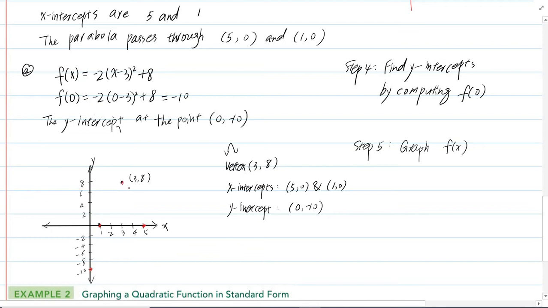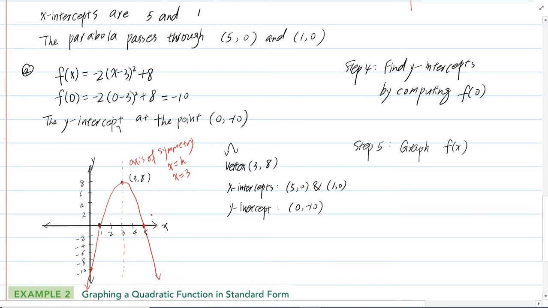Because we know this is a vertex, that also implies right here is our axis of symmetry. Just in case you forgot, the axis of symmetry is x equal to h. In our case, h is 3, so we have x equals 3. Alright, let's go ahead and make this graph. I'll try my best. Okay, that's not bad.